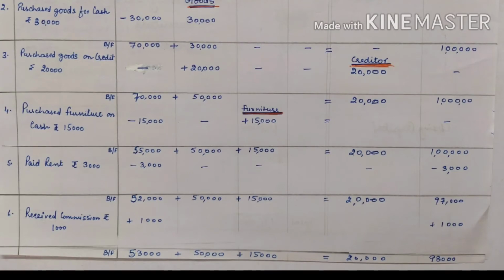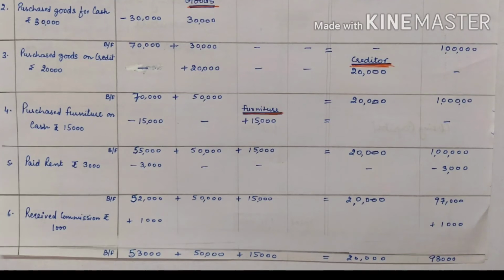So rent is an expense which is paid in the form of cash. So the impact of this transaction is that it reduces the cash by 3,000. On the other hand, rent being an expense, it reduces the capital by the same amount.